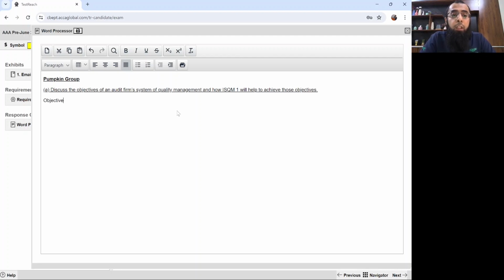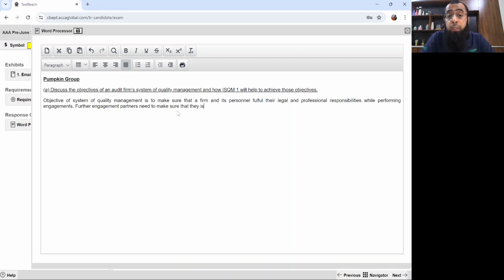The objective of a system of quality management is to make sure that a firm and its personnel fulfill their legal and professional responsibilities while performing engagements. Further, engagement partners need to make sure that they issue reports which are appropriate in the particular circumstances, like they don't give wrong audit opinions.